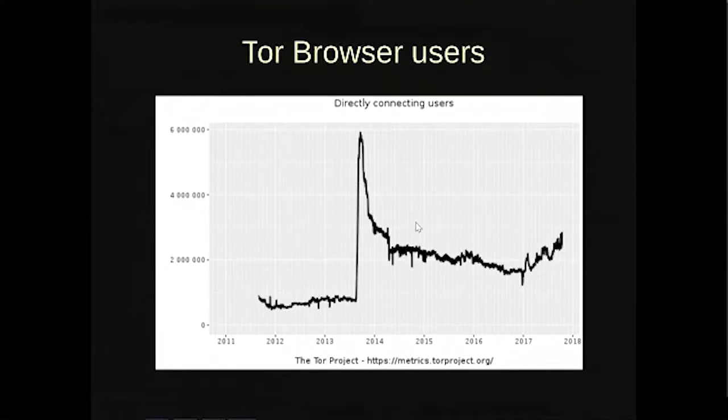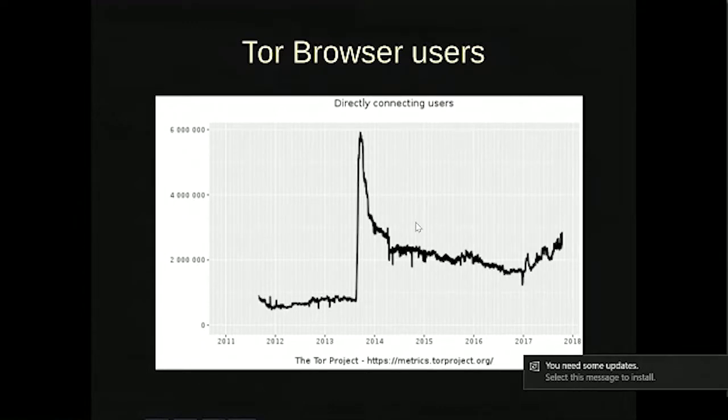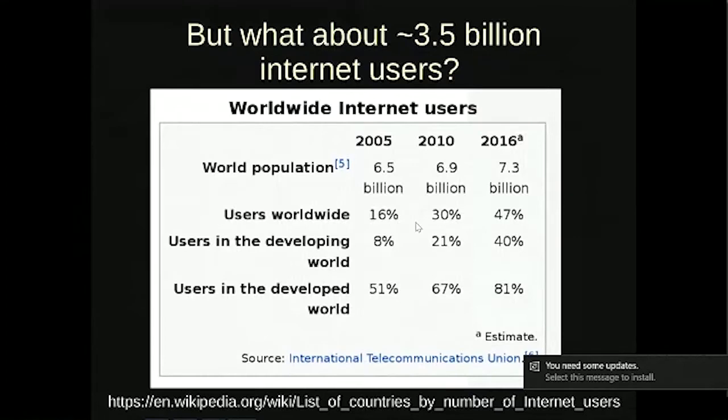And this shows the current situation. We have something like 2.5 million daily Tor browser users. But that's a very small fraction of the total number of internet users.